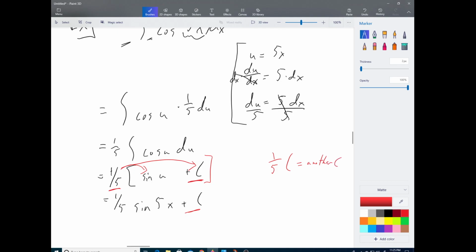So that's why I personally will leave the c always on the outside of my parentheses, just because no matter what I multiply it by, it's just another constant. If I'm multiplying it by a constant to begin with, I should clarify that. If I'm multiplying it by something with x, obviously it's not a constant anymore.